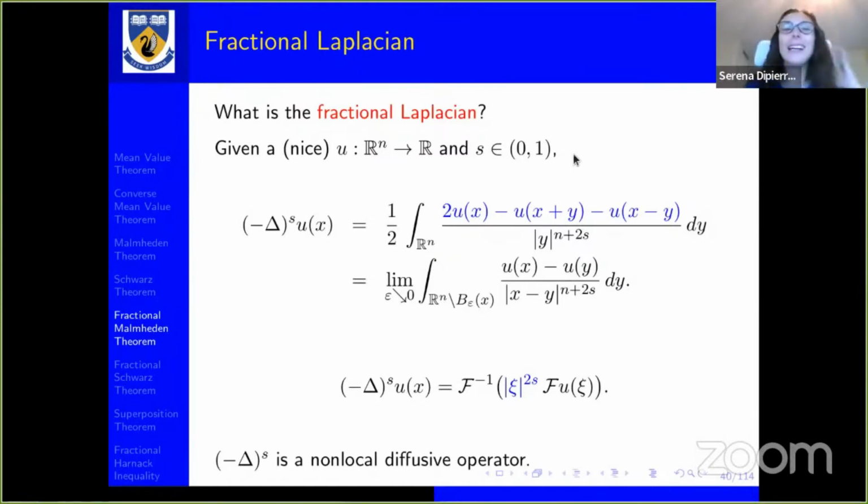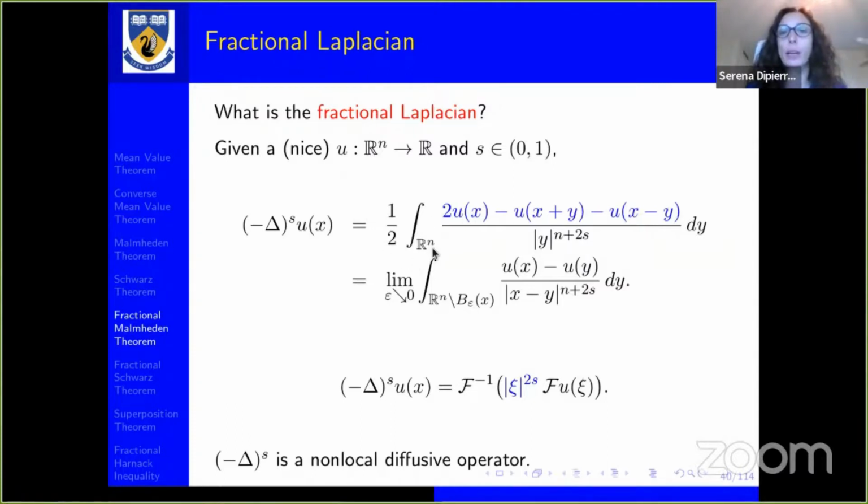Yesterday we got acquainted with this object, the fractional Laplacian. Let me remind you the definition so that we can catch up with things. The fractional Laplacian for a reasonably nice function, given a fractional parameter s between 0 and 1, is defined as an integral differential operator.